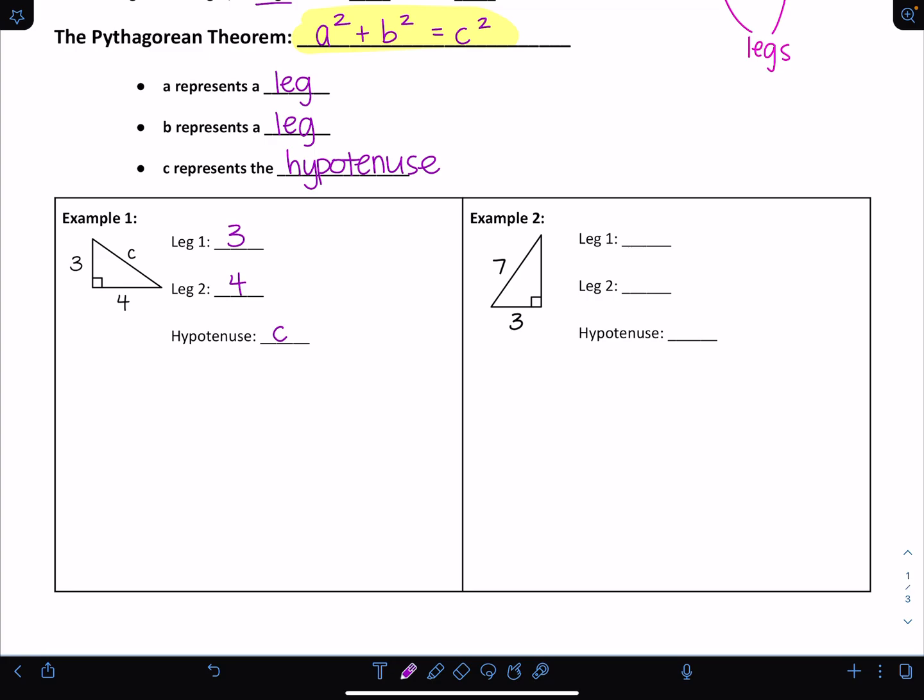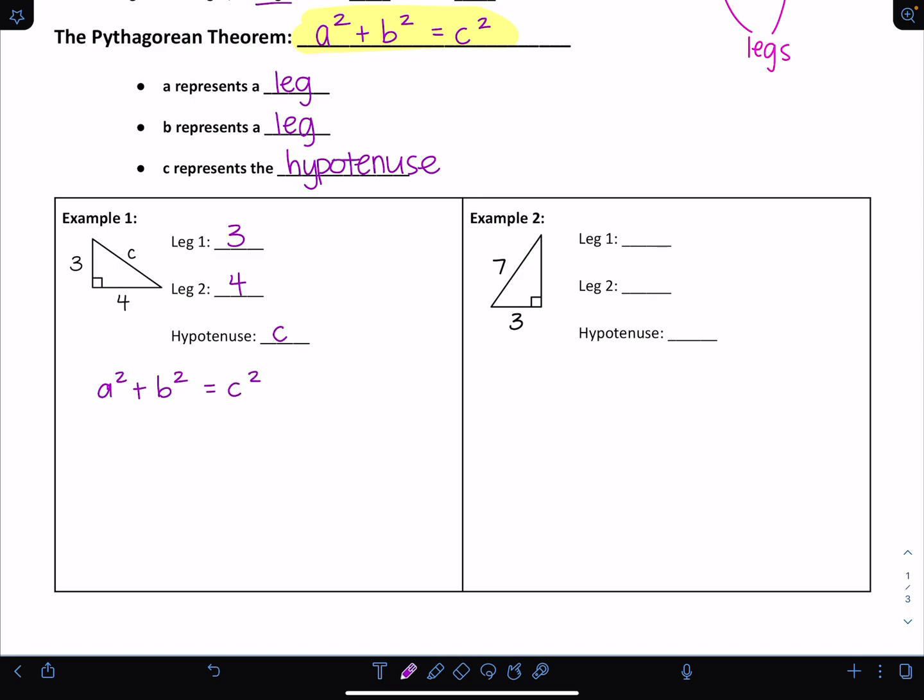So, now that we've got two numbers and one variable, we're going to write our Pythagorean theorem, or the formula, which is a squared plus b squared equals c squared.